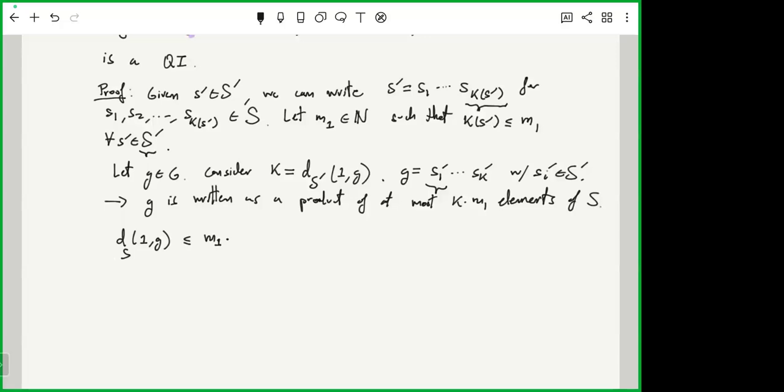But I remember that k was the distance between 1 and g in S prime.